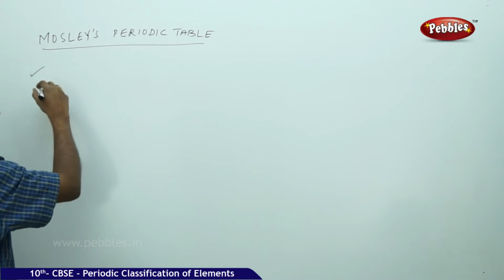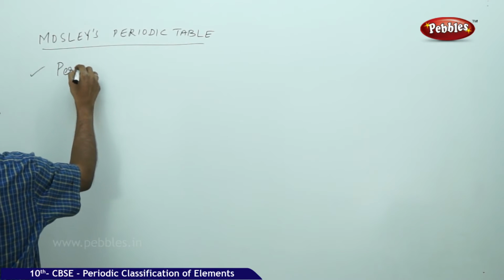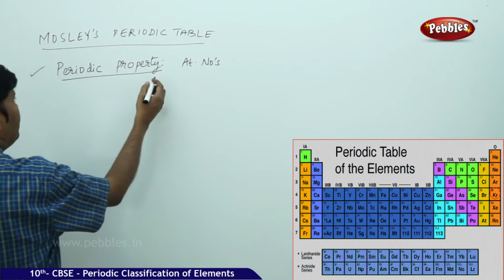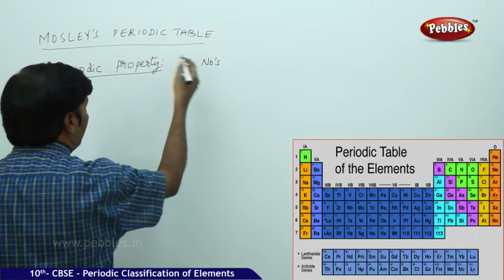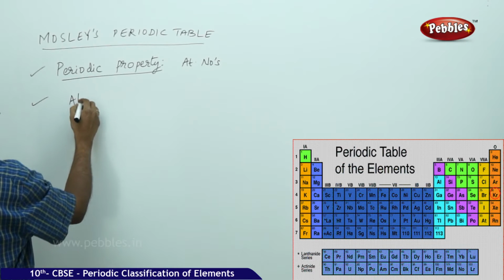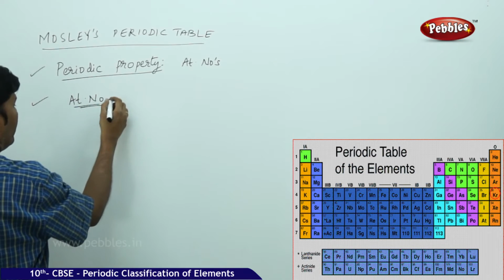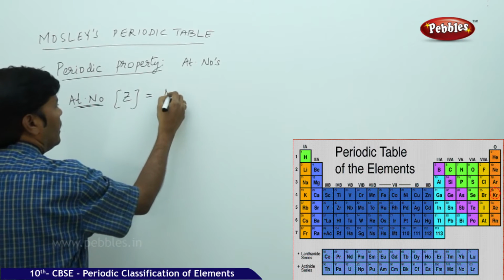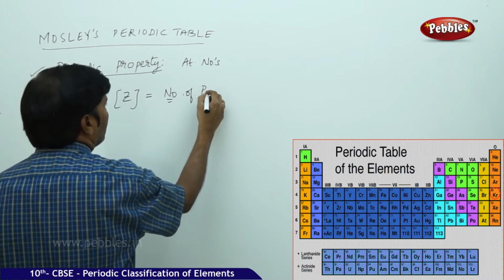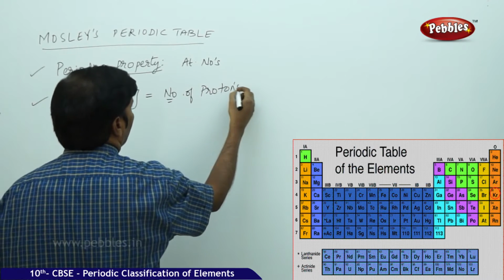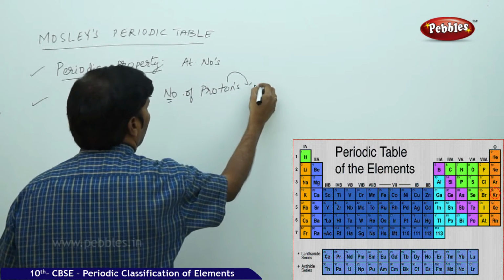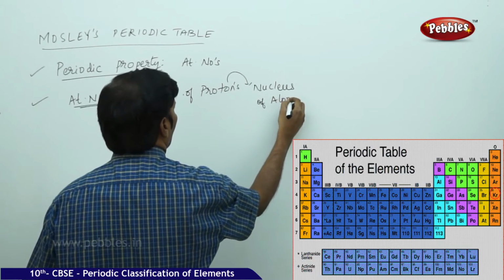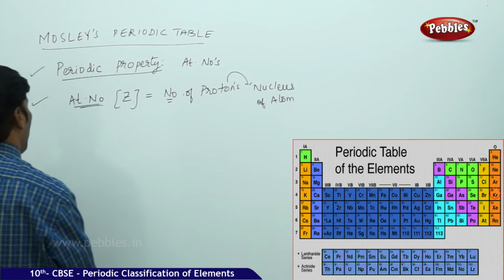So the next part of the discussion is Moseley's periodic table. Here, the periodic property according to Moseley's periodic table is atomic numbers. You know very well that the atomic number of an element is given by the symbol Z, and it represents the number of protons present in the nucleus of an atom.